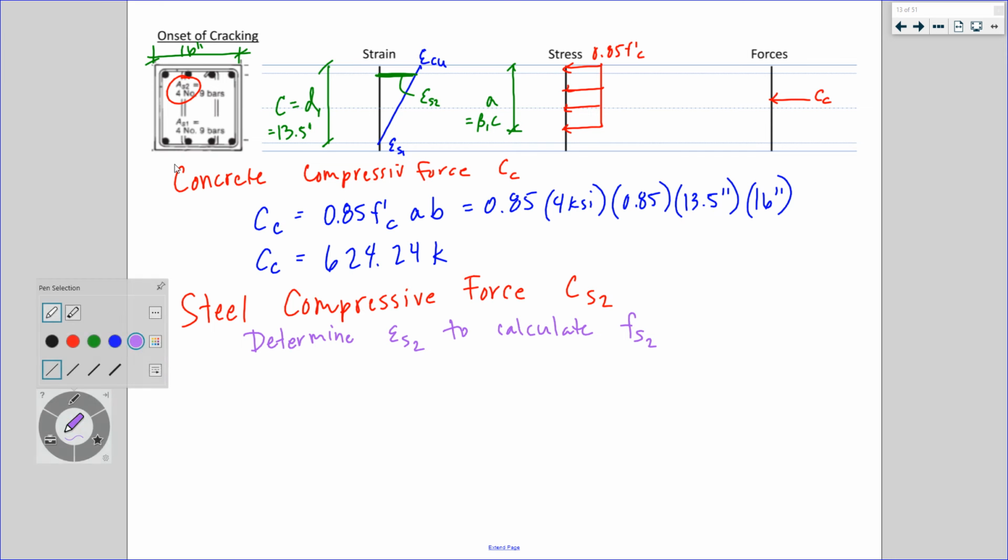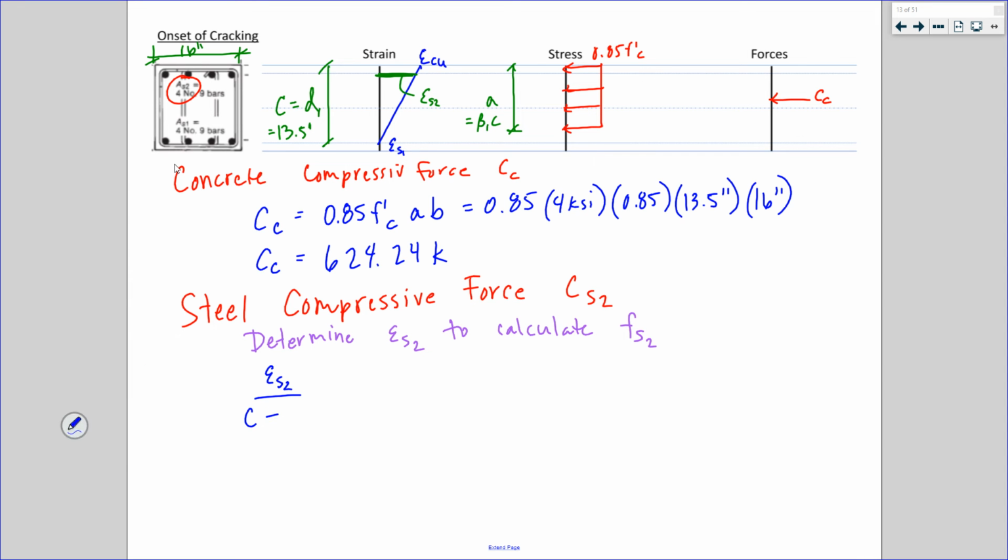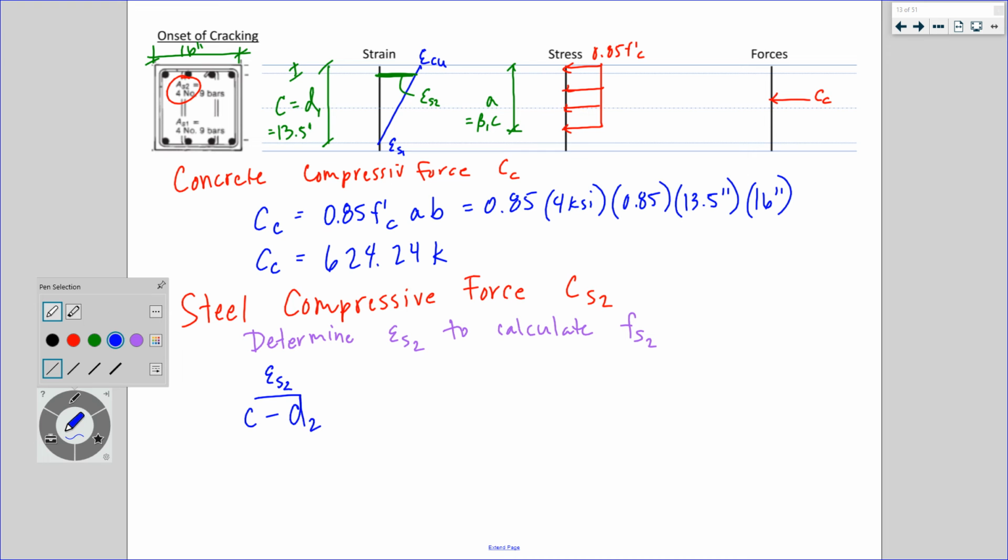ES2 over C minus D2, C minus D2, because that distance is D2 is what I'm trying to say.